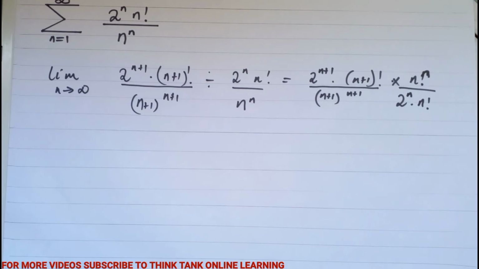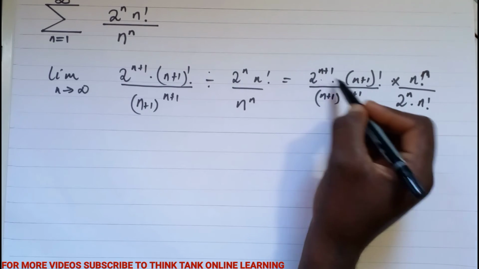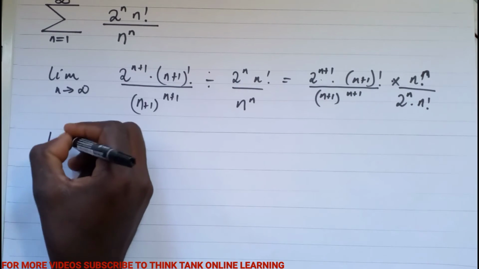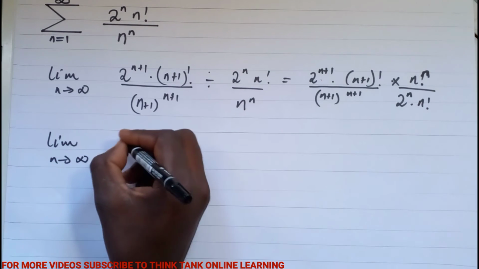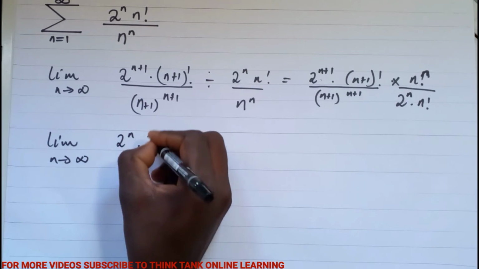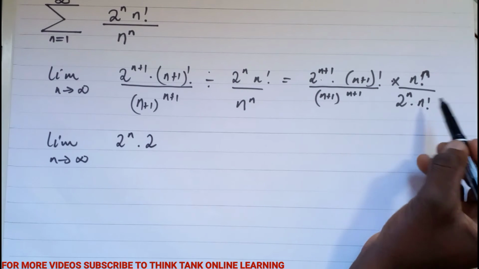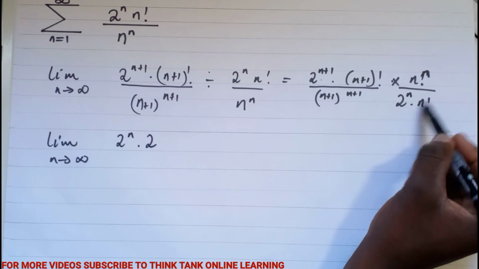Now 2 to the power n plus 1, using the laws of indices, limit as n approaches infinity. This is the same as saying 2 to the power n times 2, and we have n factorial here, so we have to cancel n factorial.